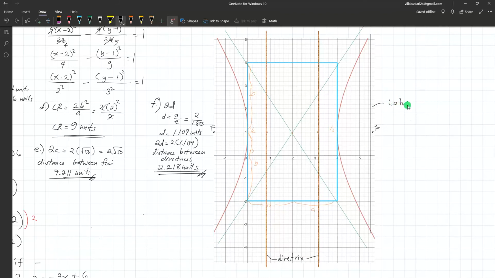Sorry, these are the asymptotes. This is the asymptote.